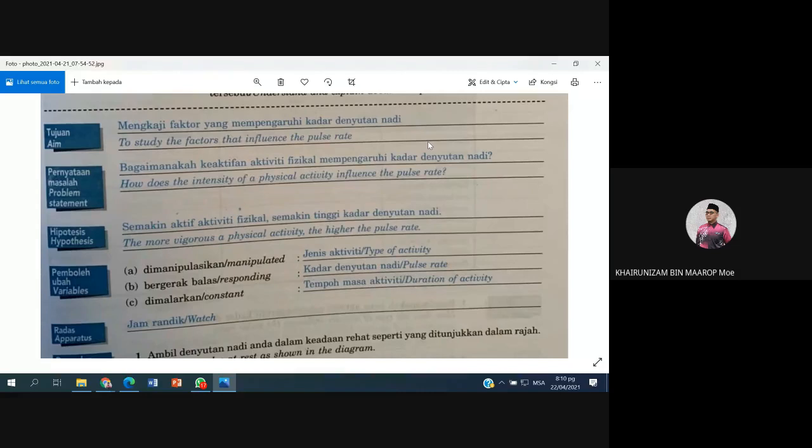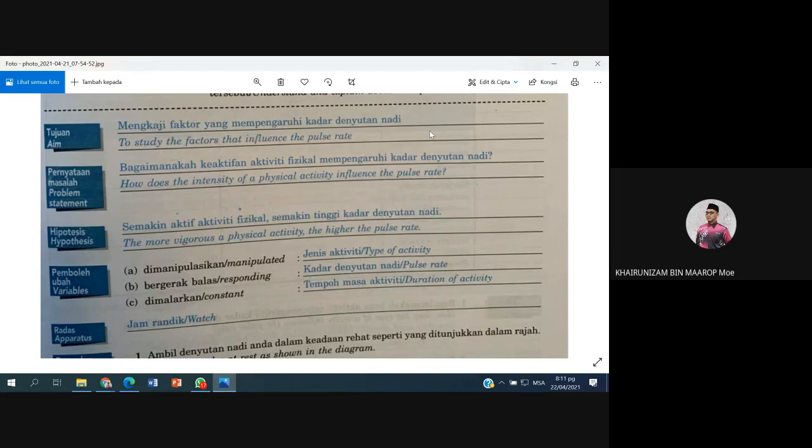The manipulated variable in this experiment is the type of activity. Our activities are resting, maybe you can sit back and relax, and then walk slowly for 5 minutes. The third activity is running for 5 minutes.